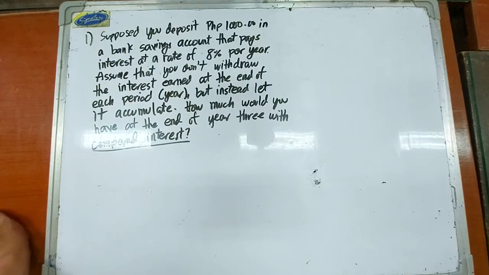Suppose you deposit 1,000 pesos in a bank savings account that pays interest at a rate of 8% per year. Assume that you don't withdraw the interest earned at the end of each period or every year. Hindi mo i-withdraw yung interest per year, so nag-accumulate siya. Okay, but instead let accumulate. How much would you have at the end of year 3 with compound interest?